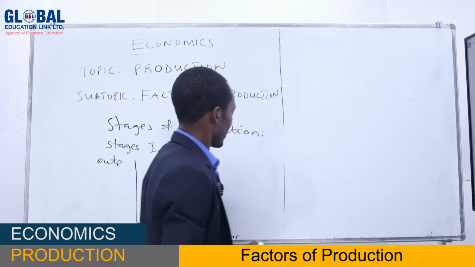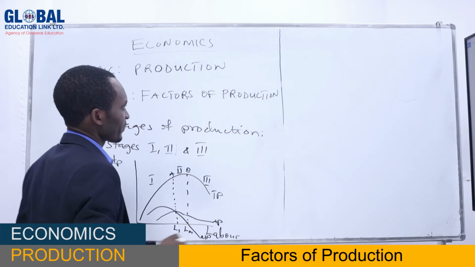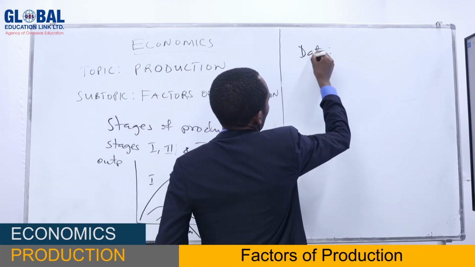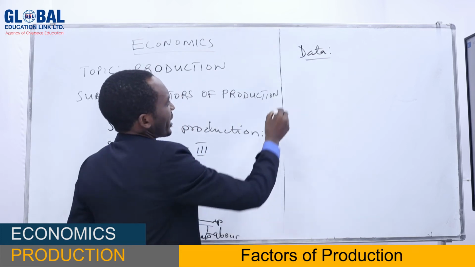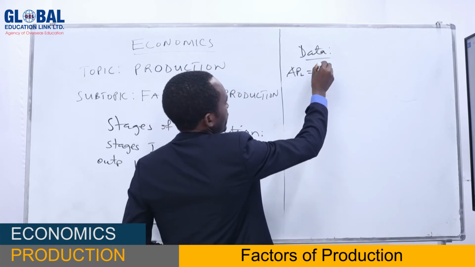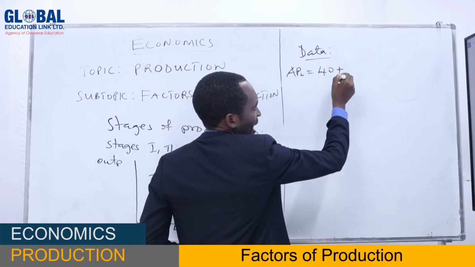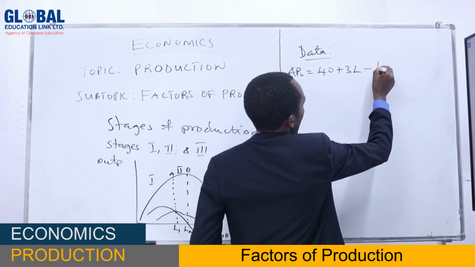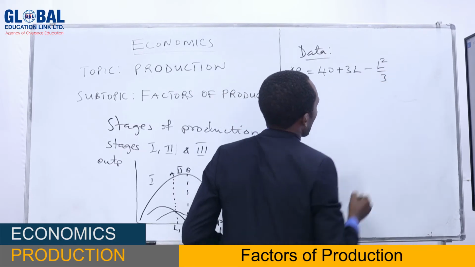So let us write the information we are given. We are given that the average product of labor is 40 plus 3L minus L square over 3.